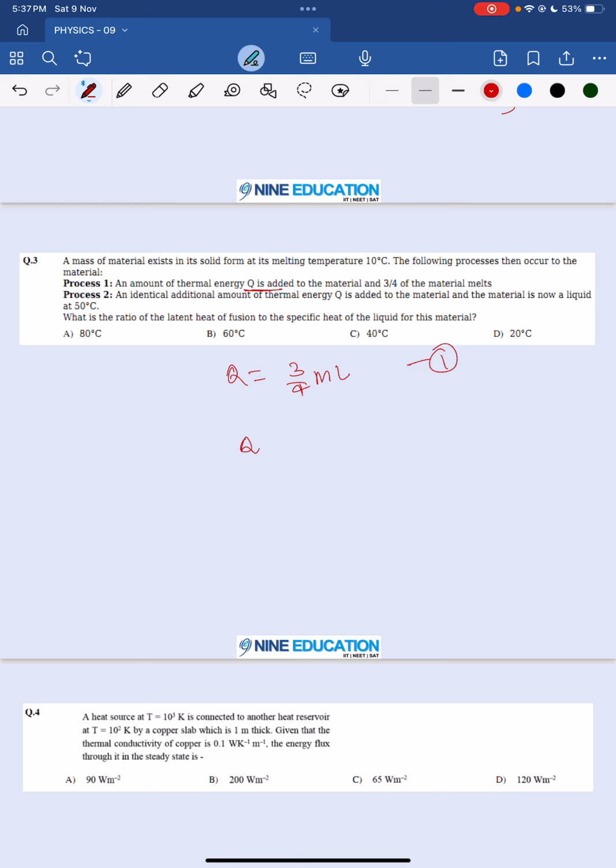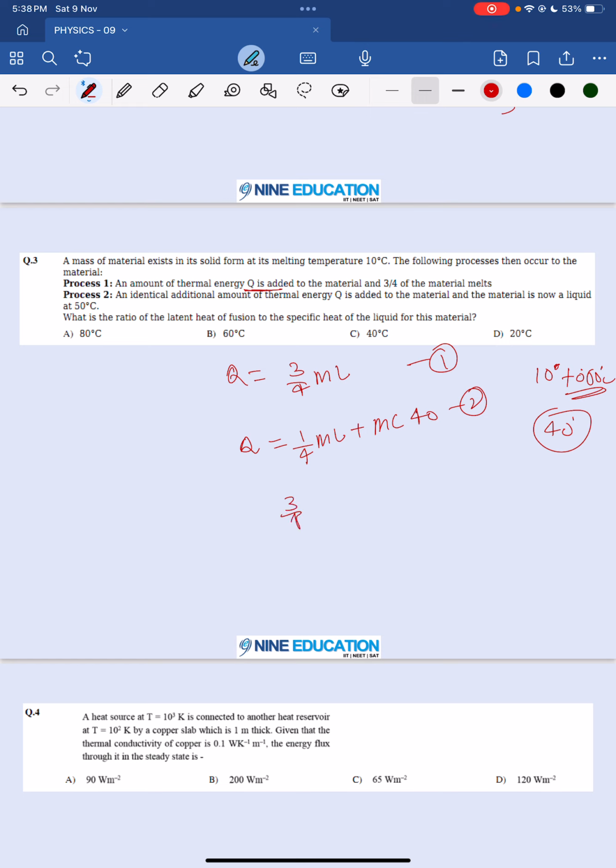Next, they are saying an identical additional amount of energy Q is given, and the material changes its temperature from 10 degrees Celsius to 50 degrees Celsius. So the change is 40 degrees Celsius. How much will be used for the change of state? It would be mL by 4 plus mc delta T, and delta T here is 40. We can see that equation 1 and equation 2 are both equal.